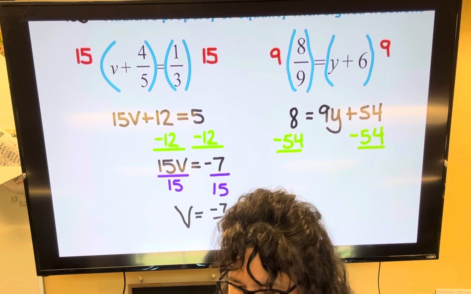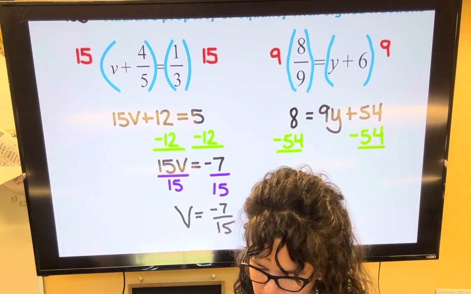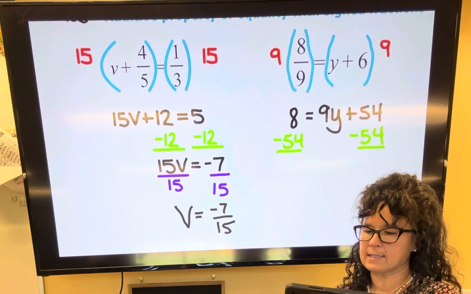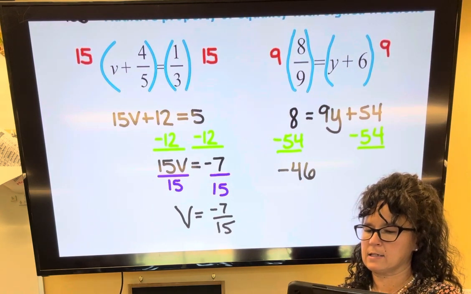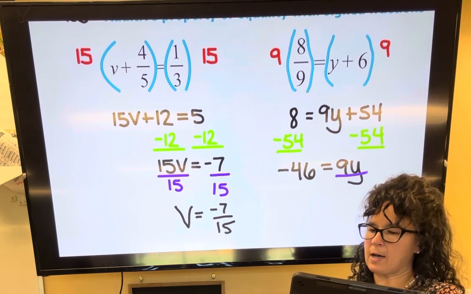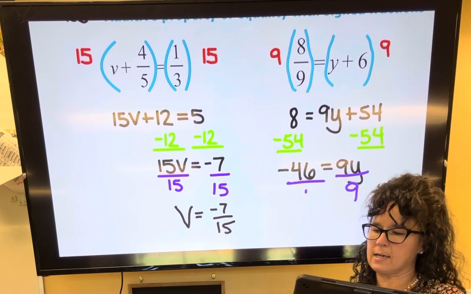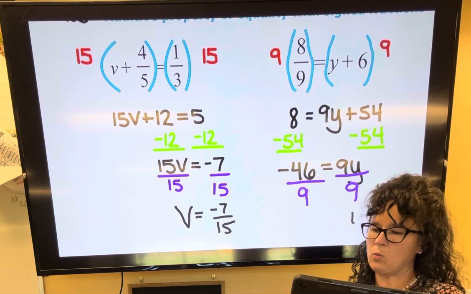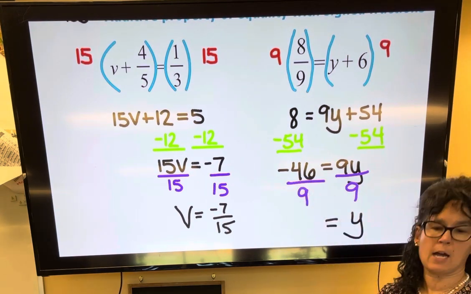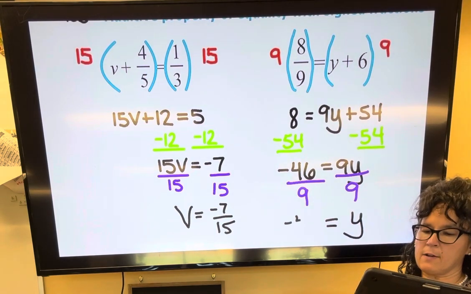And then 8 minus 54 is negative 46 is equal to 9y. Divide both sides by 9. And so then y equals, nothing fits into 46 and 9, so it's just going to be negative 46 over 9.